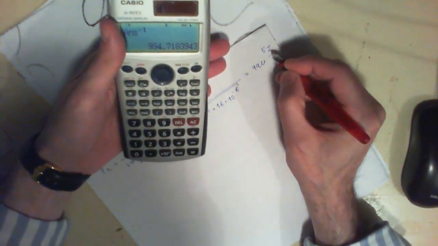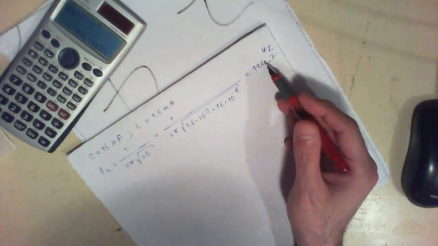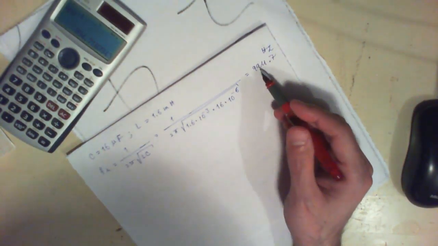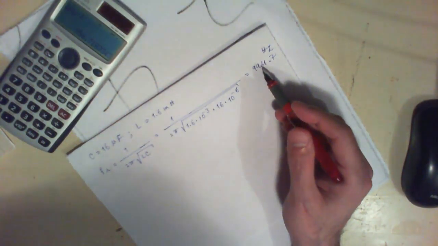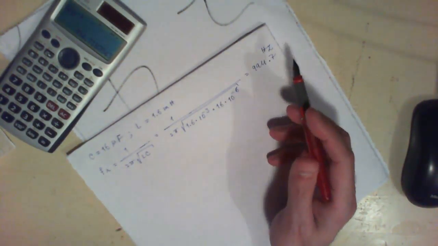You can take that as 1 kilohertz or so, because you usually don't get so much precision on a normal signal generator anyway, or in a circuit. Depending on the circuit that you use, you might get precision up to 2 significant figures or so, but not more than that.